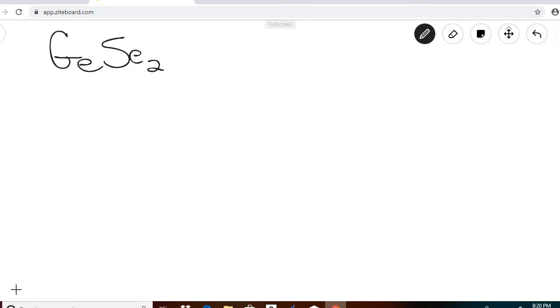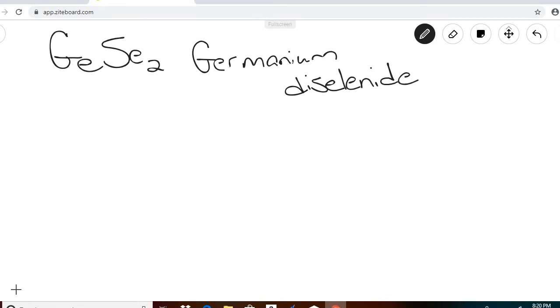Germanium, selenium. So these are both non-metals, and so in naming this would actually be germanium diselenide. Okay, that's how you would name it.